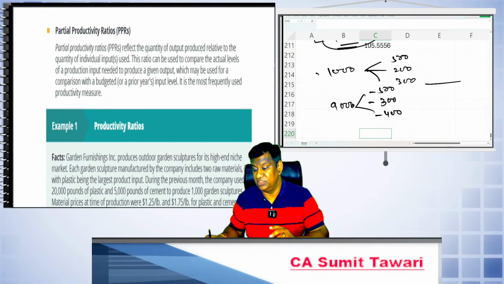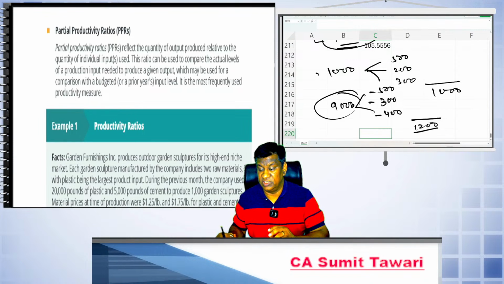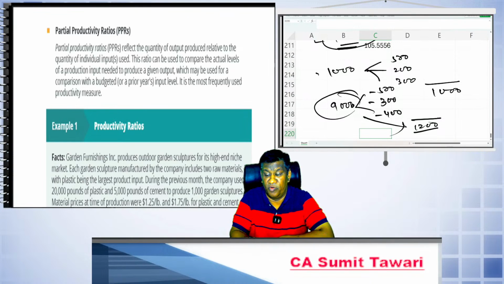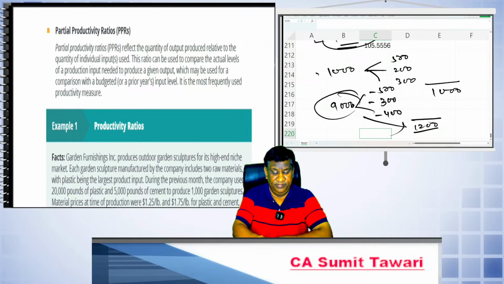So if you see here, this is 1000 and here 1200. Even though your output is less, the input quantity is high. That is also the partial productivity ratio. Here we are not applying the amount, but calculating quantity to quantity variation.